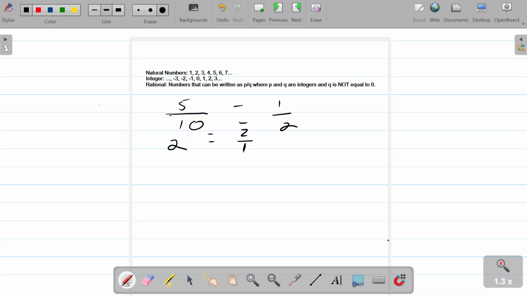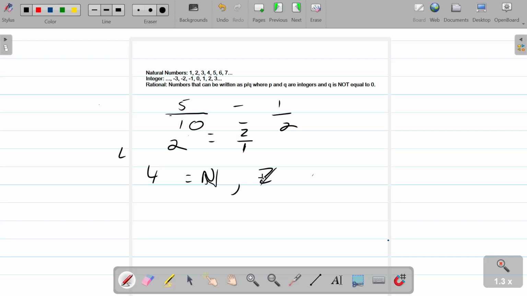Now, you may be noticing something interesting over here, and that is the fact that the number 4, for example, is a natural number, obviously. But you'll also notice that the number 4 is an integer, because you know that integers include all the natural numbers, then have 0, and then also have the negative numbers. So the number 4 is inside of integers, right?